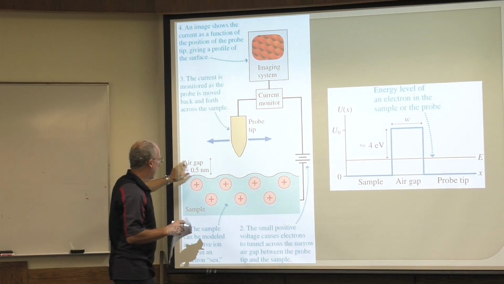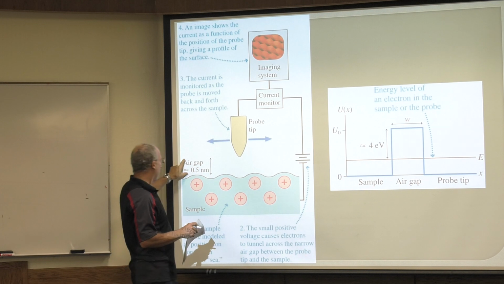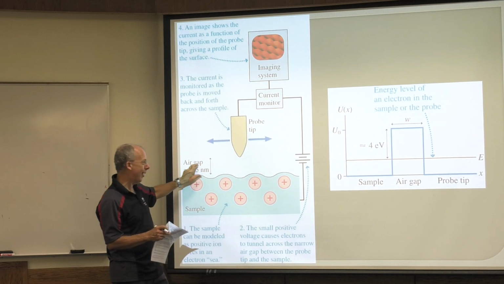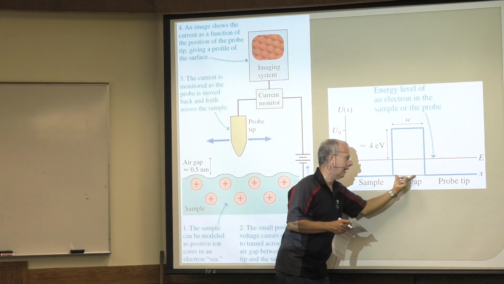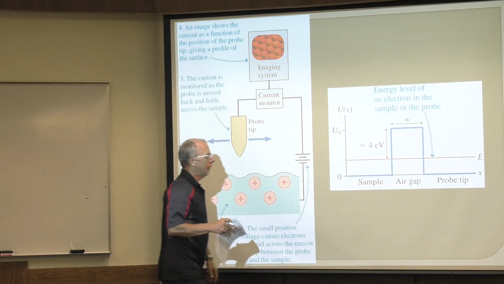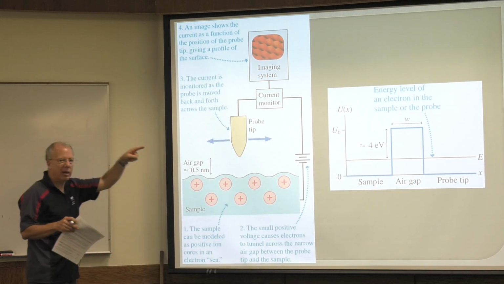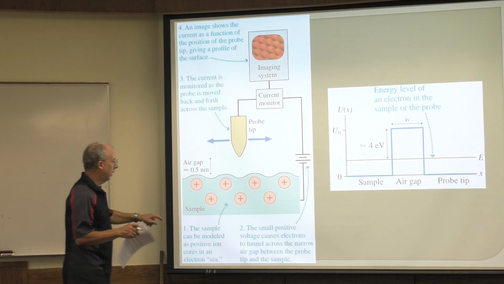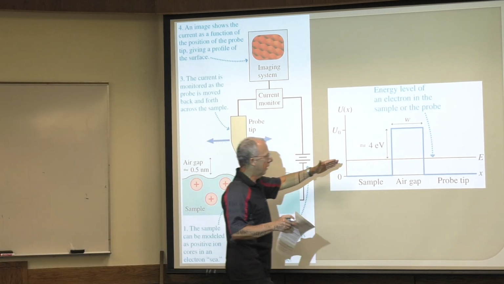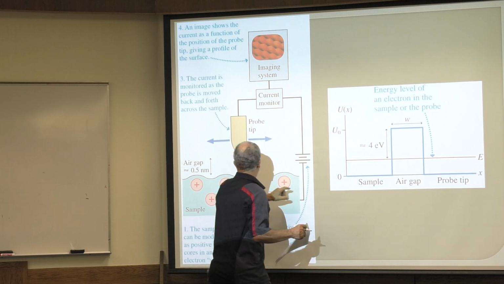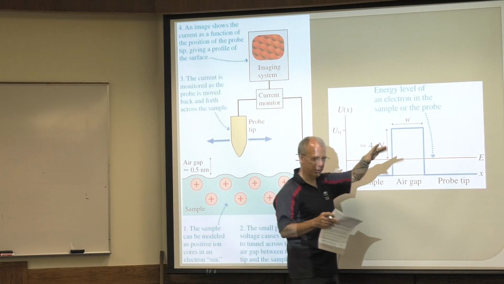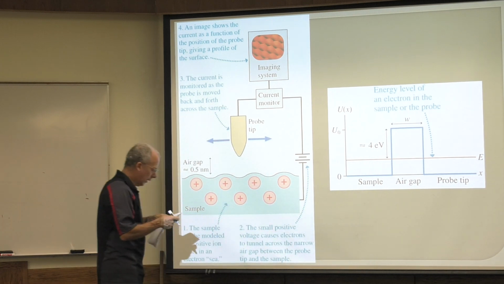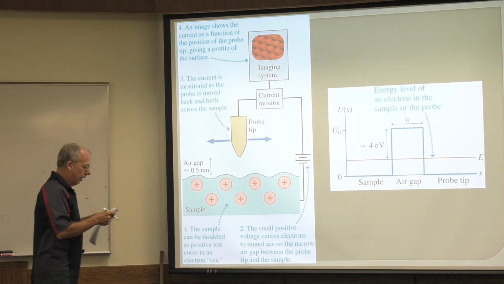Okay, so here's an air gap, like half a nanometer. The air gap is the potential barrier. All right. So the potential barrier is like 4 electron volts, give or take.